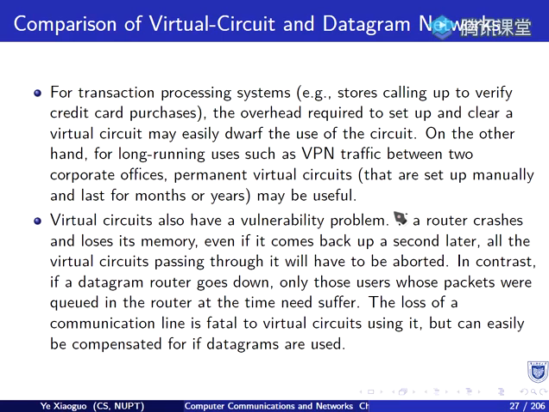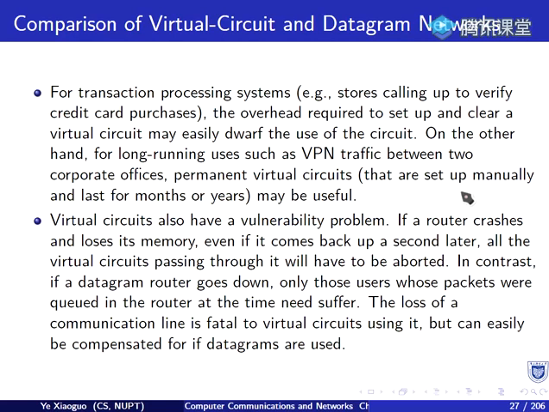Virtual circuits also have a vulnerability problem. If a router crashes and loses its memory, even if it comes back up a second later, all the virtual circuits passing through it will have to be aborted.